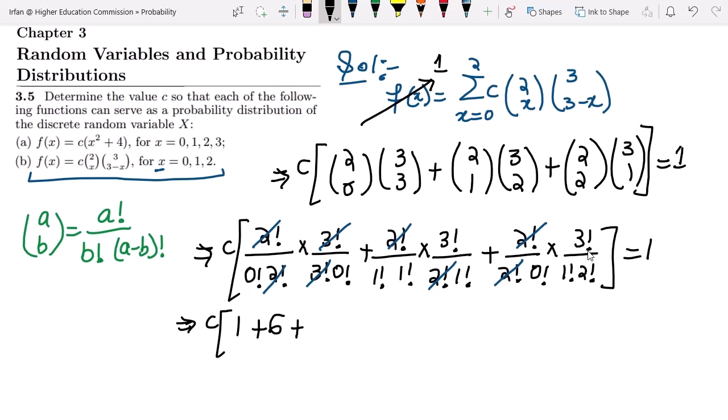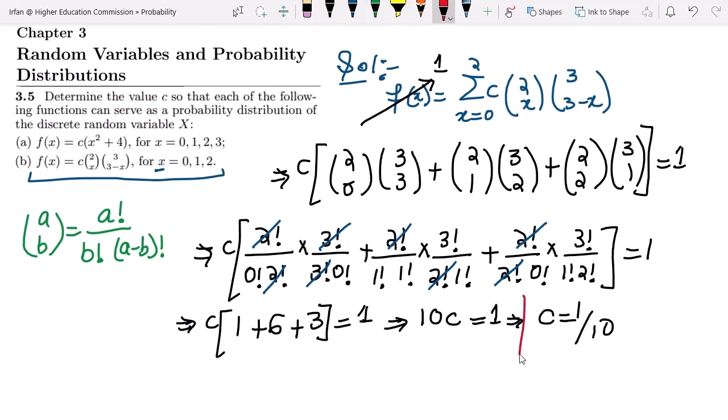Okay, similarly here this is 3 factorial divided by 2 factorial, so 3 factorial is 6, 6 divided by 2 is 3, multiplied by this 1, so here I will get 3, and this must be equal to 1, and ultimately it will give me 3 plus 1 plus 6, that is 10c, which is equal to 1, and ultimately the value of c will be 1 by 10, and that is the solution of part B of my question 3.5.